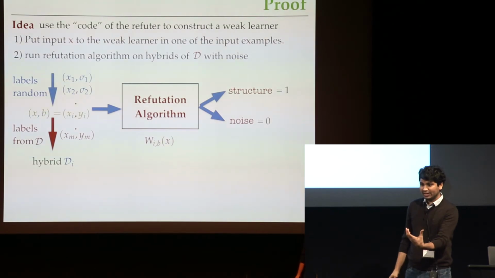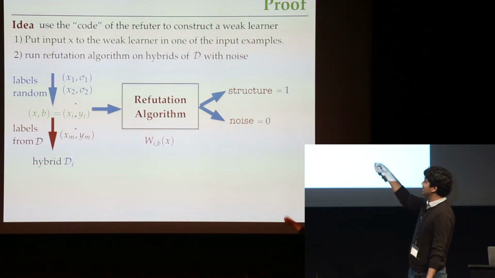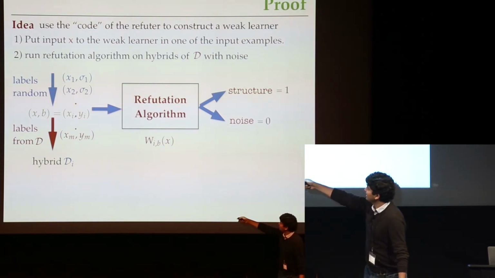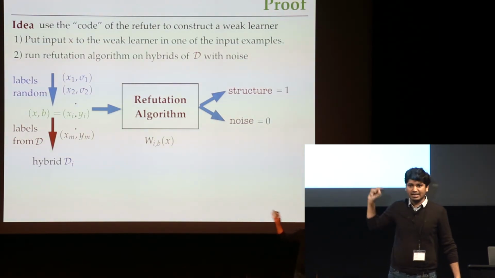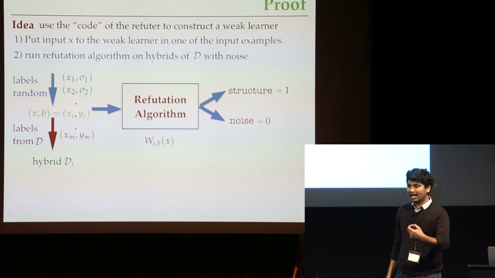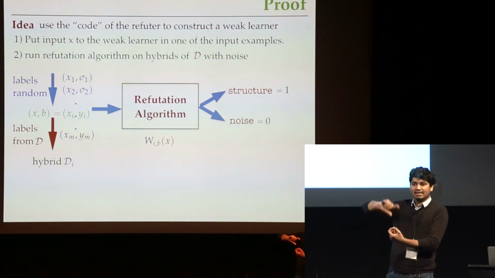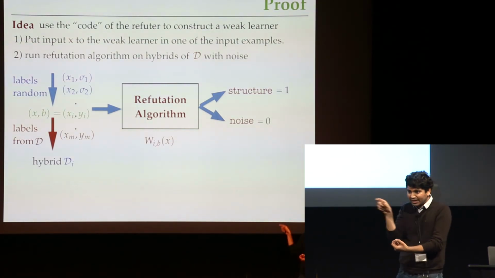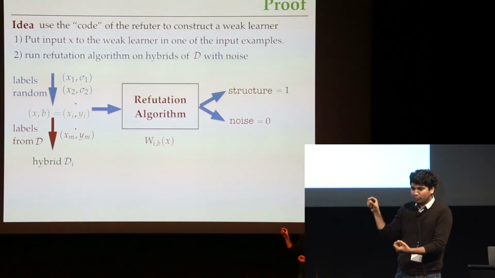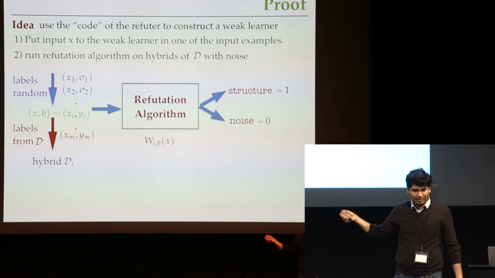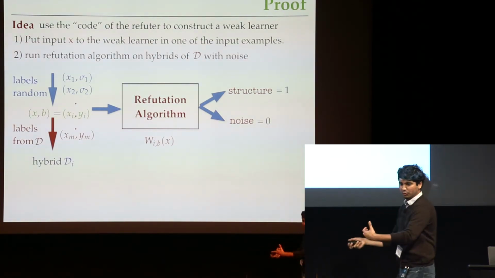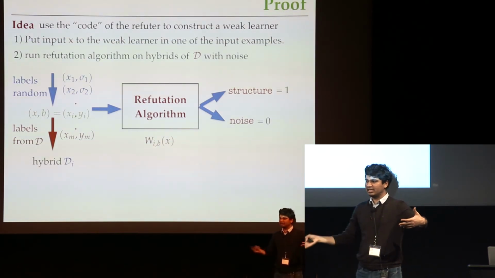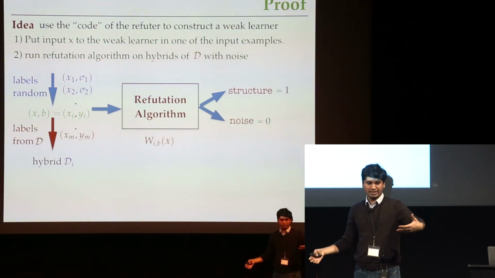At the ith point, I'm going to feed in the x I want to compute the function at, and let's say replace the label with some chosen bit b. Okay, for any given i, this is what I can do, right? Randomize the labels that come before, feed in the example point that I care about at the ith point, and let the rest of them remain the same. Okay, so this is a hybrid distribution where some labels are randomized and some other labels are not randomized, like they are the original labels.